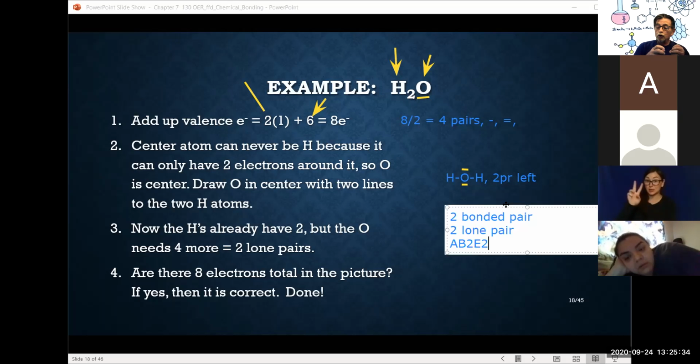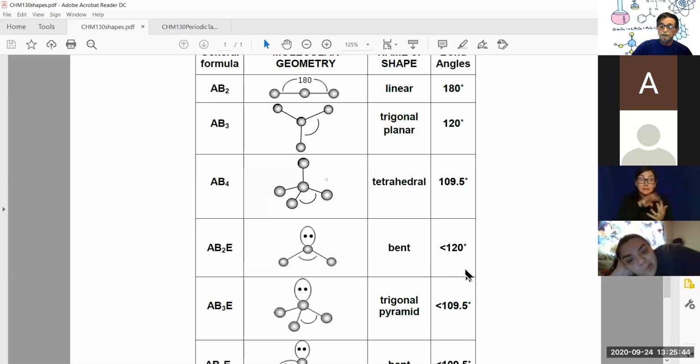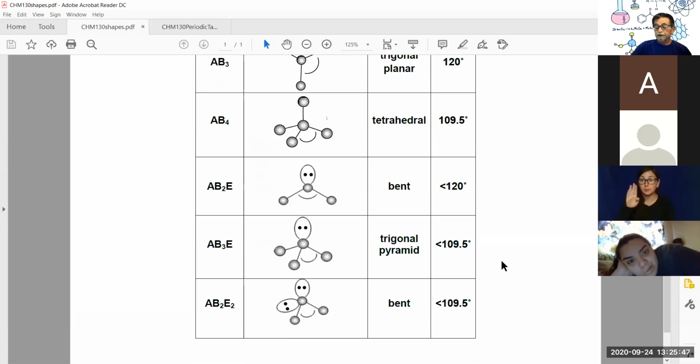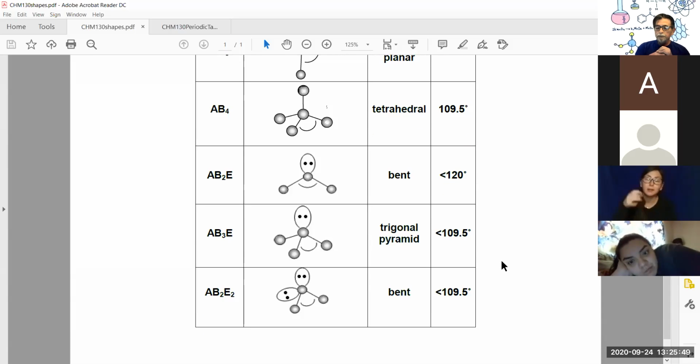So that is the general formula for H2O. Once we know that, we go to the shapes table and look for AB2E2. And there it is, the last entry, okay? The very last entry. The general formula is AB2E2. The geometry is given.